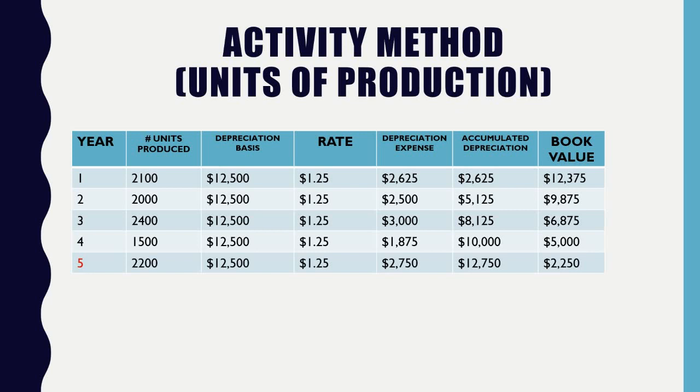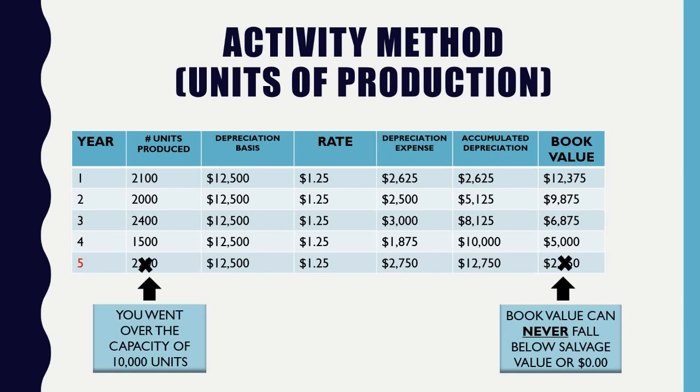Now, here's a rule that you need to know. You cannot go beyond capacity, all right? Because let's say you do, you may encounter a lot of defective items, usually because at that point, the machine's already 5 years old.